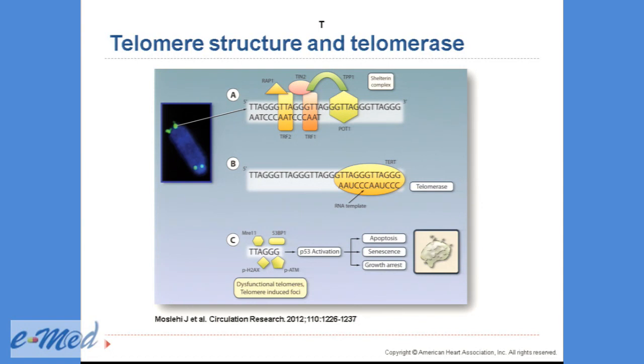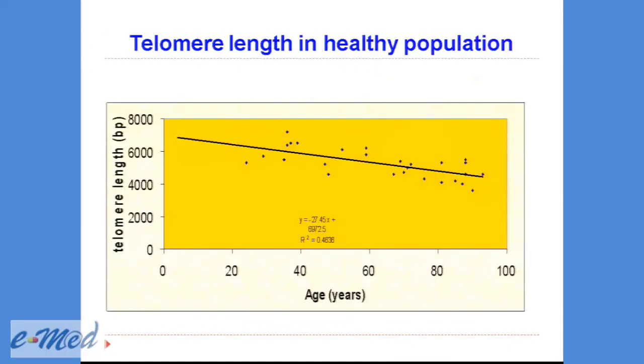That's the length of telomeres in the normal population. These are data from our laboratory, but these are universal data. Our telomeres get shorter while we age.